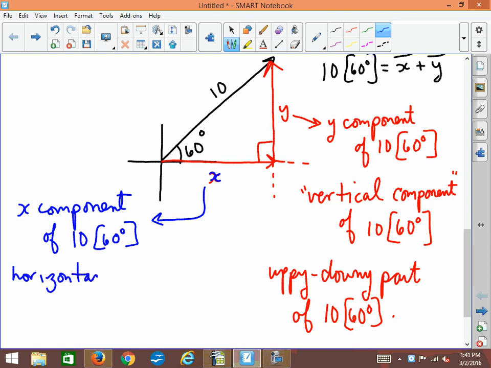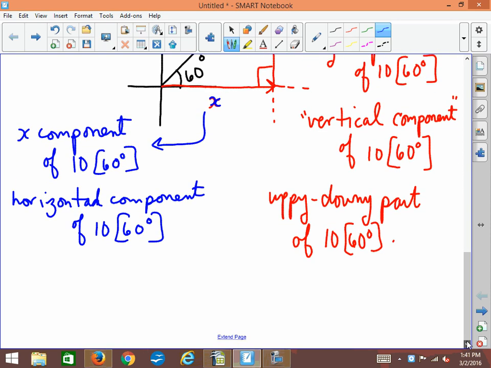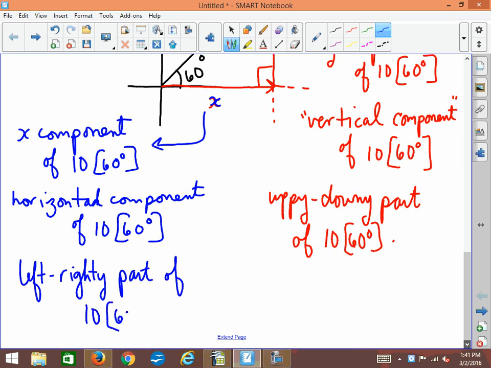That's another word, horizontal component of this vector. Those are two words that mean the same thing. Or guess what? We could call them the lefty-righty part. How much of this vector is lefty-righty? So that's what we'll call them.